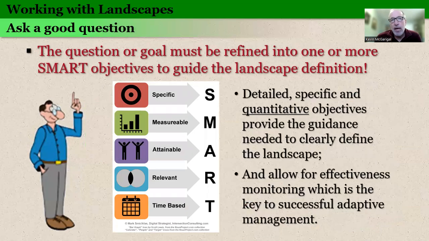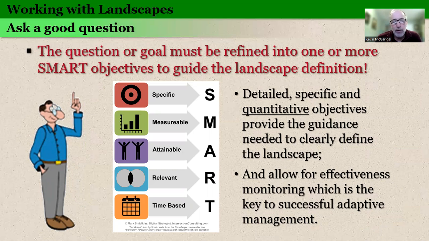Once we have a pattern process, it's necessary to translate that into a specific objective. And we need a specific objective in order to guide the formal landscape definition in the next step. One of the most useful ways to think about a useful objective is using the SMART acronym.